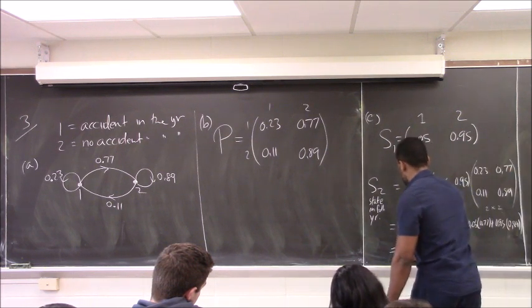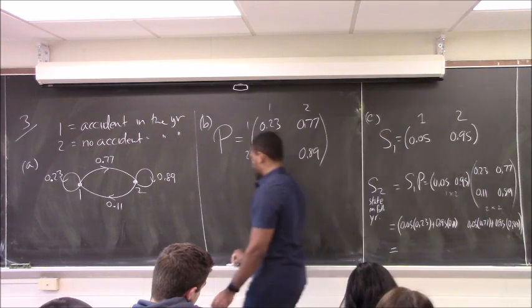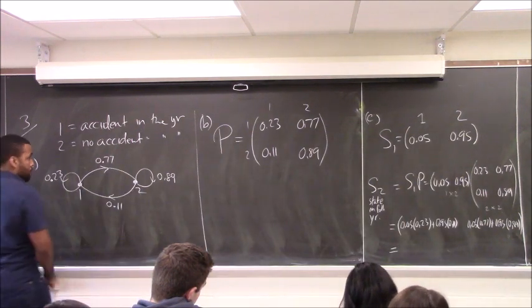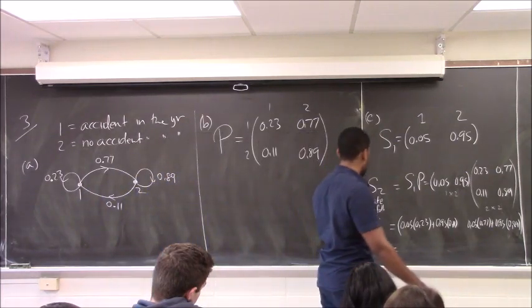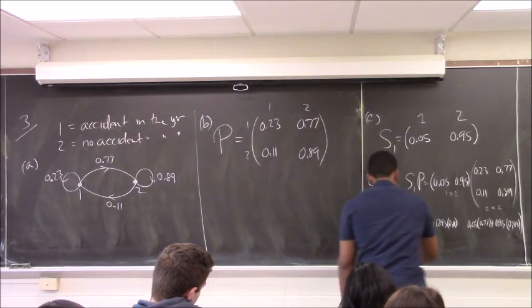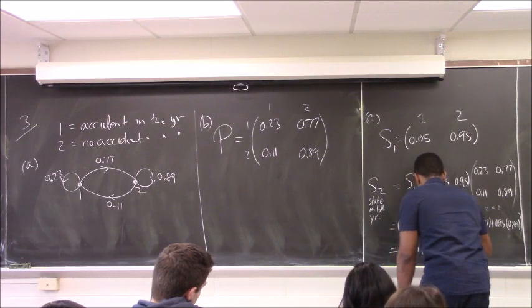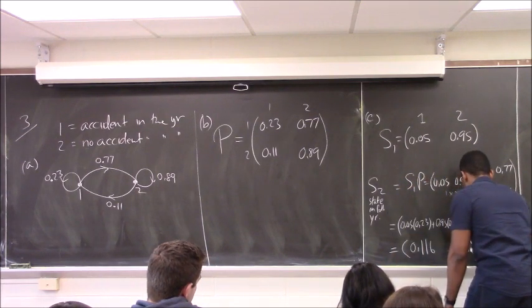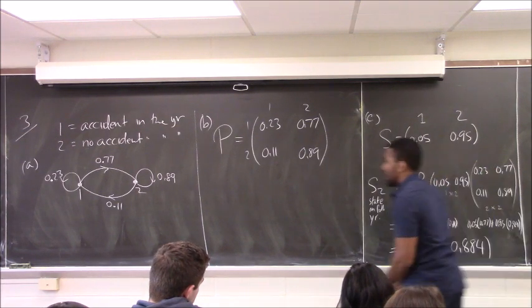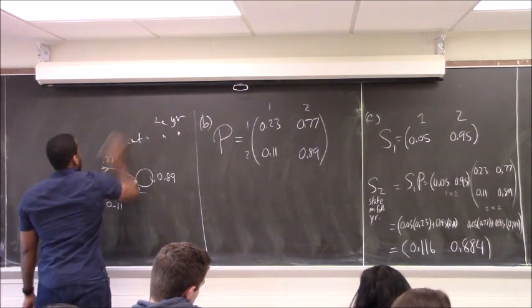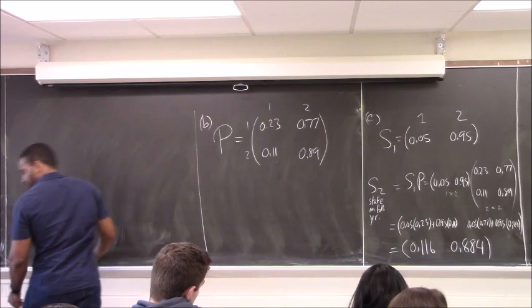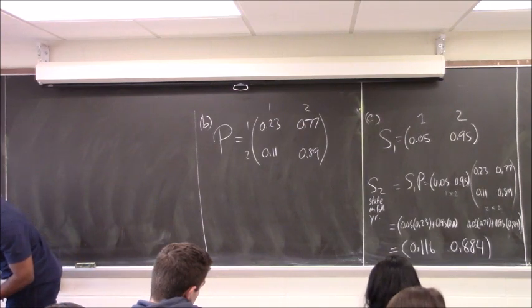And what were these? So, to answer this question, 5% had an accident one year.